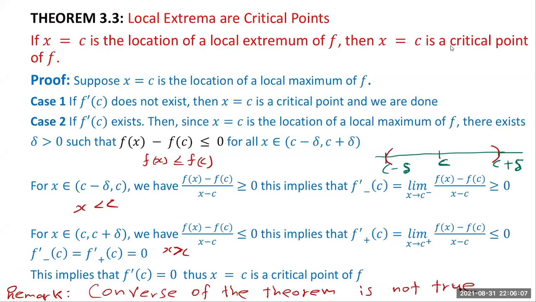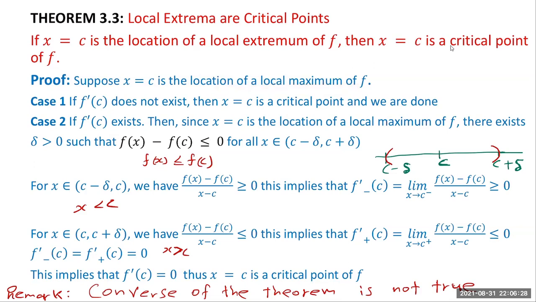And here is the second case. Let's assume that f prime of c exists, and let's try to show that x is equal to c is a critical point. We are assuming that x is equal to c is the location of a local maximum.